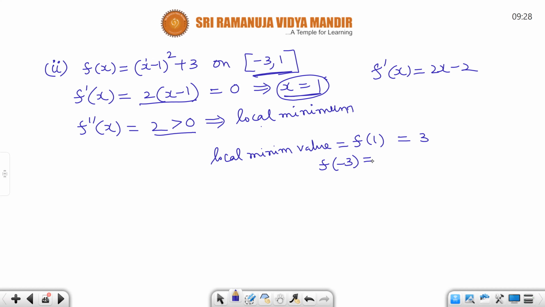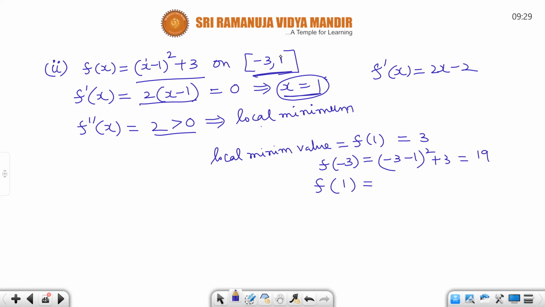I'm putting x equal to -3 in the original function: -3 minus 1 whole square, that is minus 4 whole square, 16. 16 plus 3 is 19.